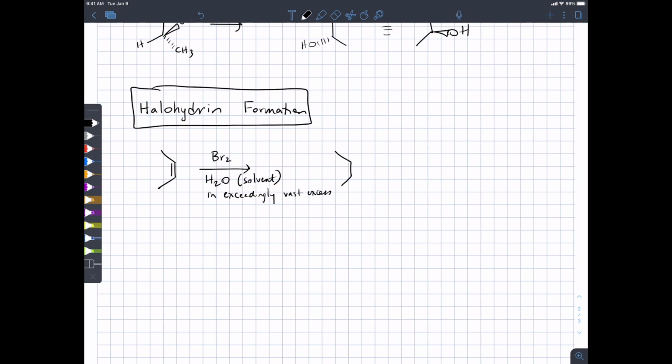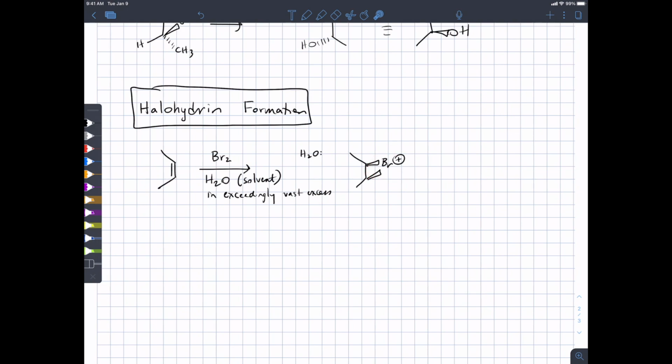So, as before, you're going to get a bromonium ion intermediate, but instead of Br minus being the nucleophile in the second step, you're going to have water do the attacking. And the reason water can do the attacking, water's a weak nucleophile, sure, but the bromonium ion is really reactive, right? It's not even just Br as a leaving group, it's a Br plus.